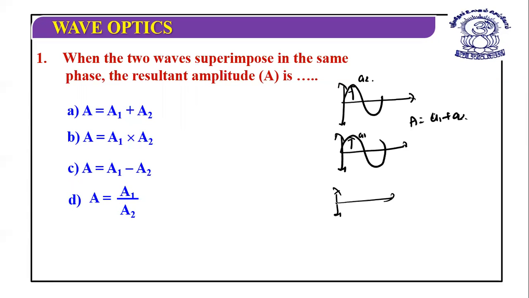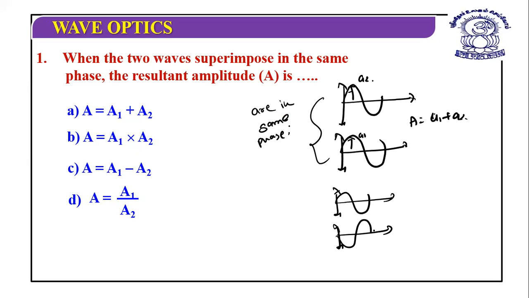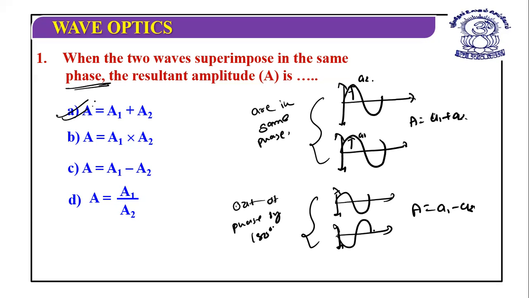And if they are out of phase by 180 degrees, meaning the phase difference between these two waves is pi or 180 degrees, the resultant amplitude will be A1 minus A2. Here the light waves are in the same phase, so the amplitude would be A1 plus A2.